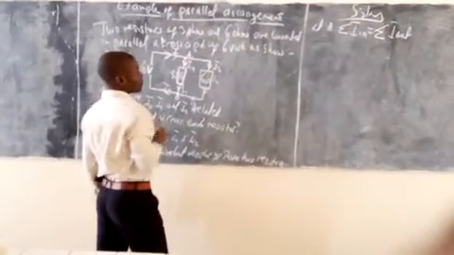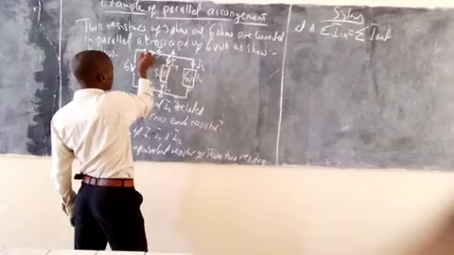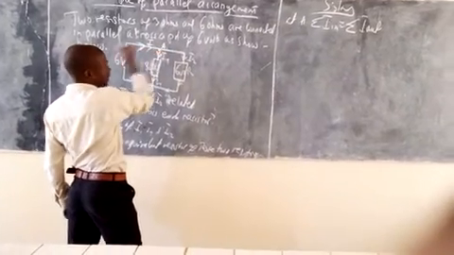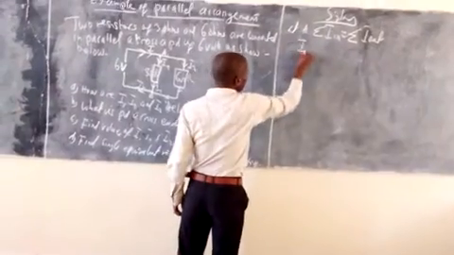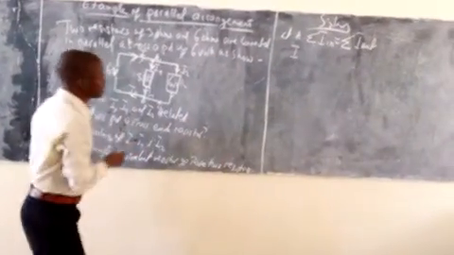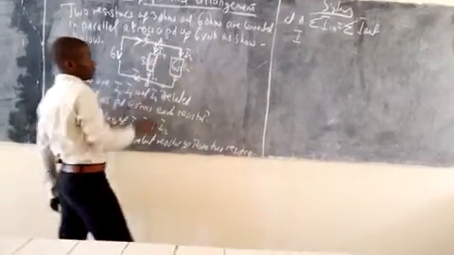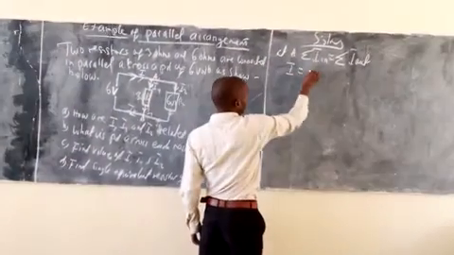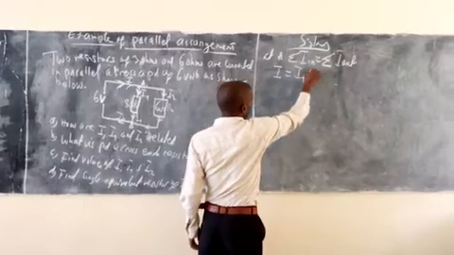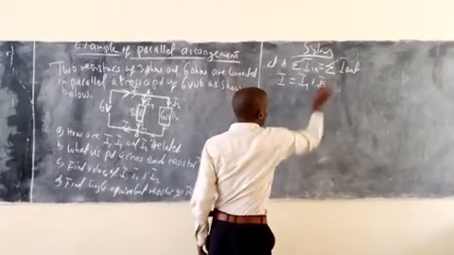Now, at point A, the current I is entering the junction, so it must be equal to the sum of current leaving the junction, I1 plus I2.